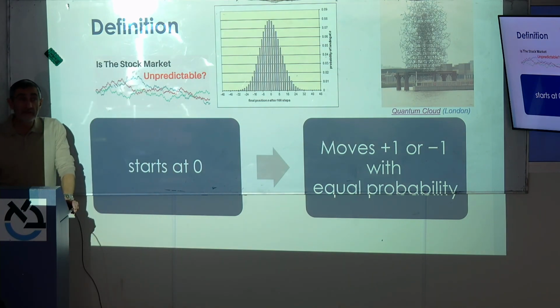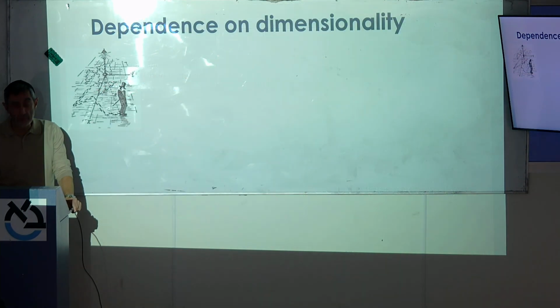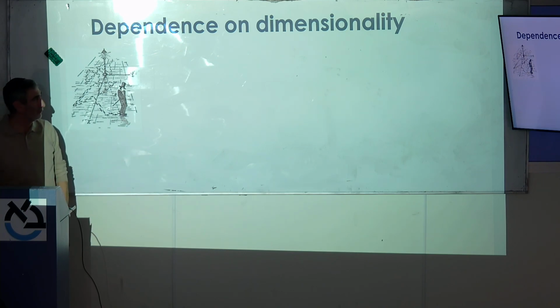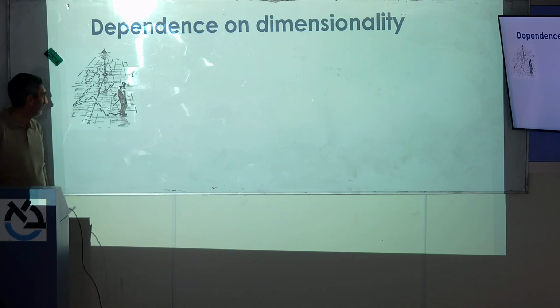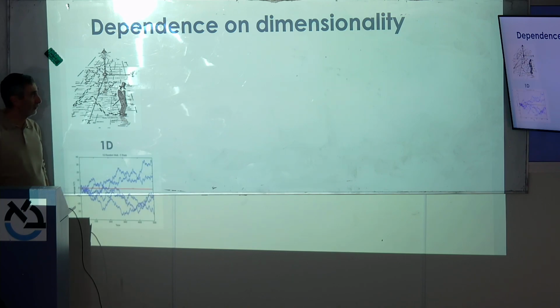What is interesting in the random walk, I mean, there is a lot of theory just by considering random walks. What is very important in this field is the dimensionality of the problem. So usually it's called the random drunkard. So you have the problem in one dimension, as I described it.